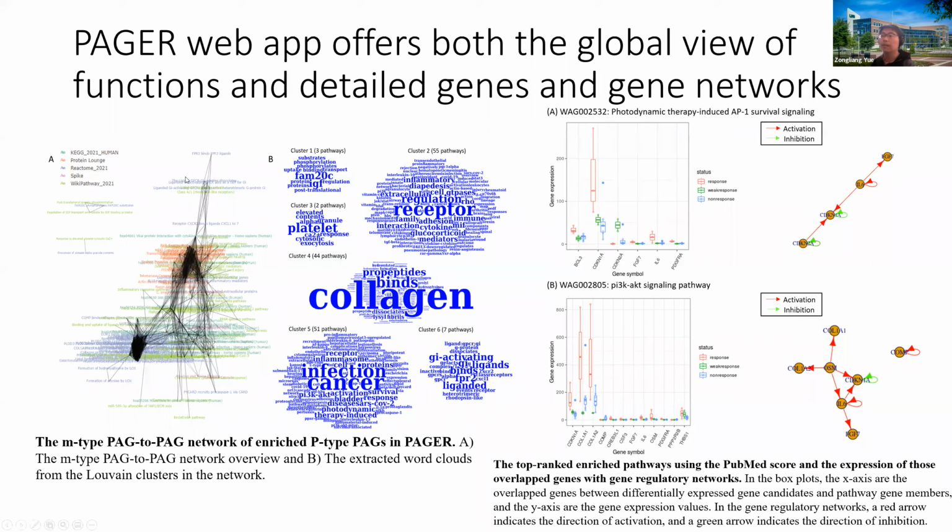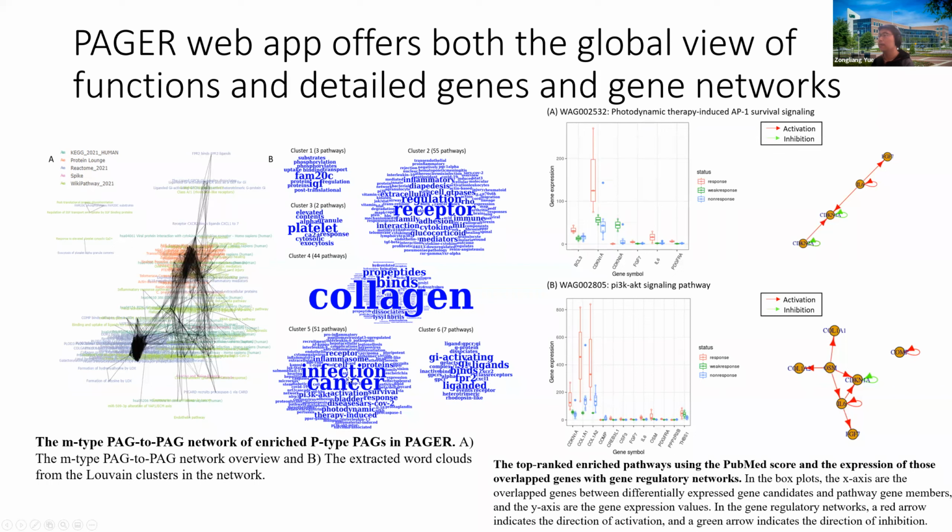Therefore, we can visualize the PAG-to-PAG relationship and see the global interaction between those PAGs, and also pull out the keywords among the identified clusters using the Louvain algorithm. For example, if you see this right corner pathway and what this pathway relates to, it will highlight the keywords here. We have identified those four major clusters and report the key discoveries here.